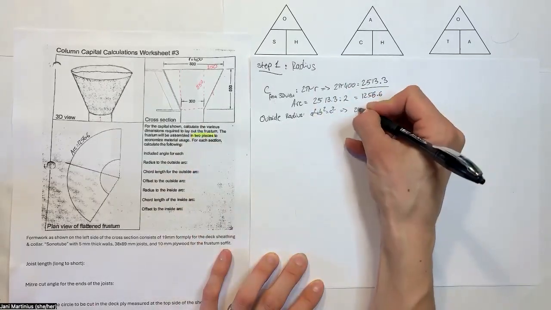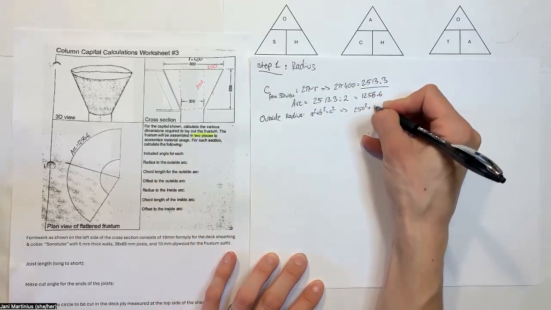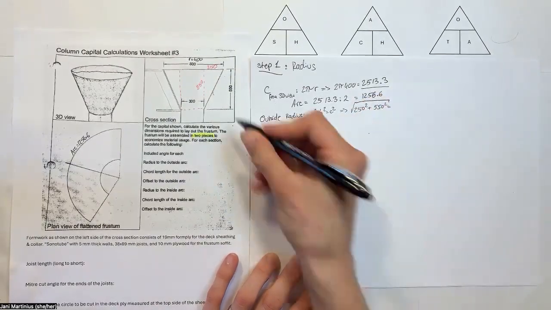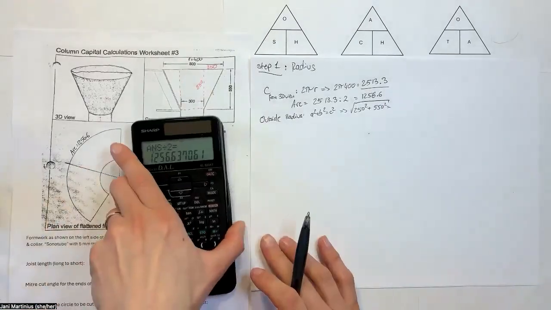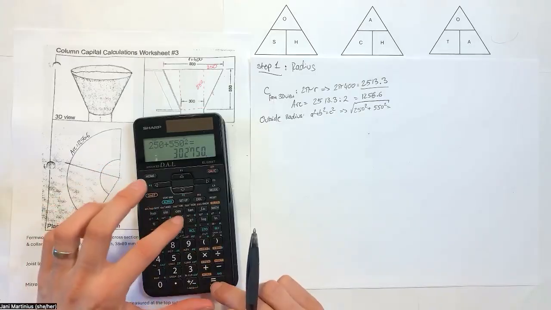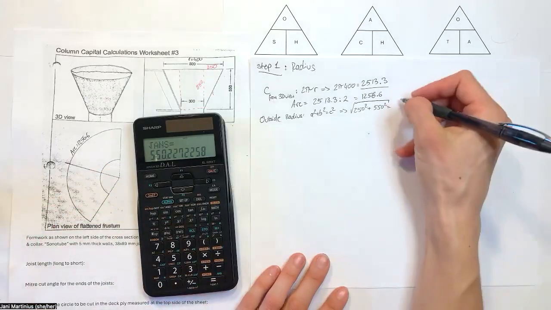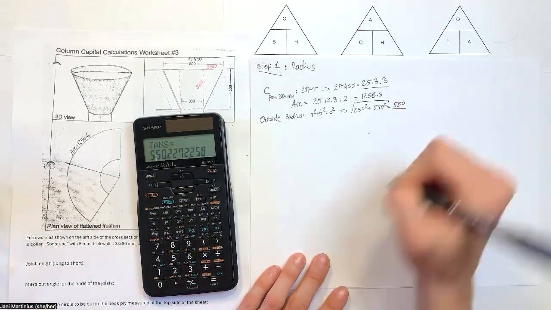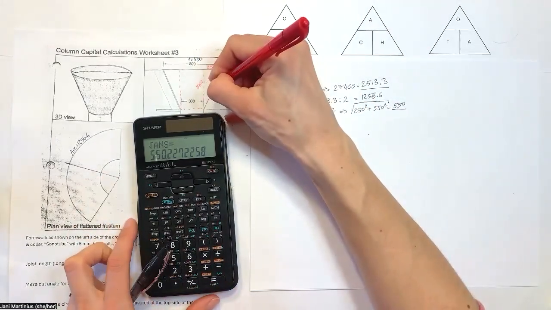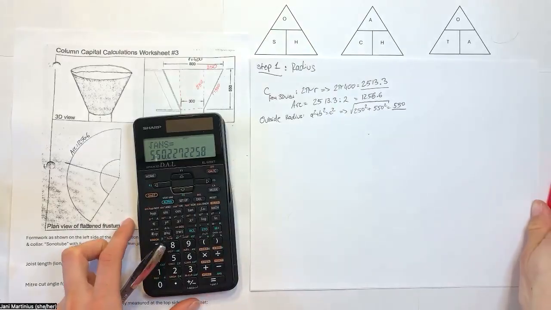We have 250 squared plus 550 squared, and that will get us our radius right here. 250 squared plus 550 squared, square root, don't forget, will give us 550 for our outside radius. Wonderful.